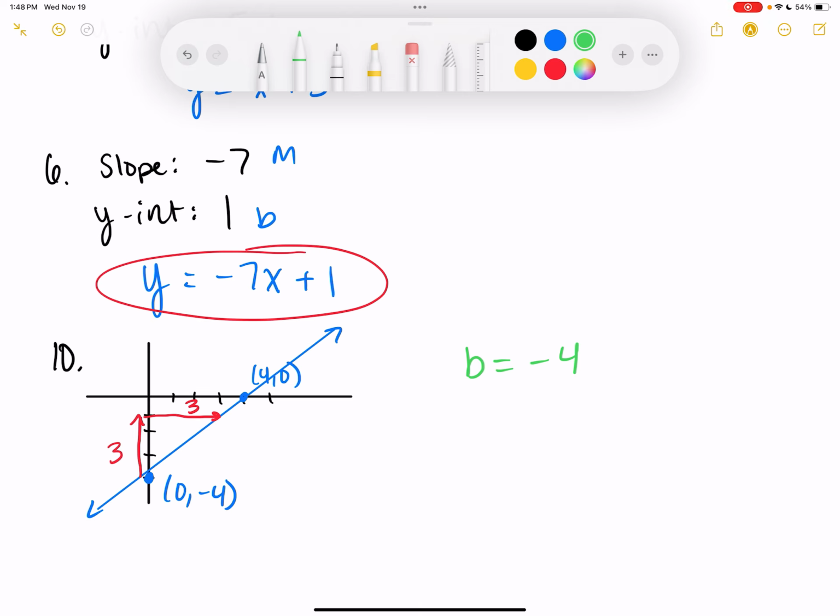Now, the slope, they've shown you that it goes up 3, right 3, but I also, without that, could have said, well, I went up 4, right 4, which means that the slope would be 4/4, but that reduces to 1. So that means it has a slope of 1. This line is going up the hill, so that means it's positive. So then I take that information and I can write my equation. y equals 1 times x minus 4. And that would be your answer for that.